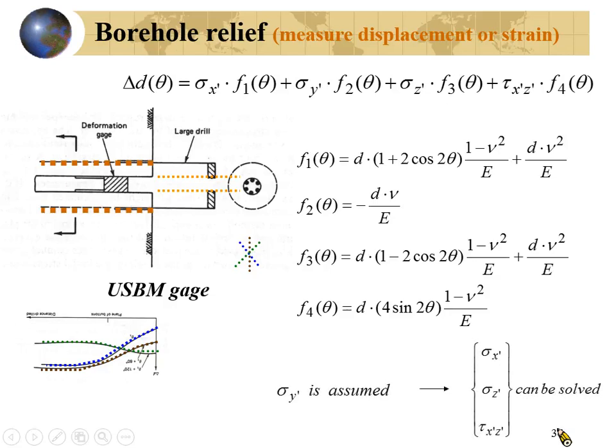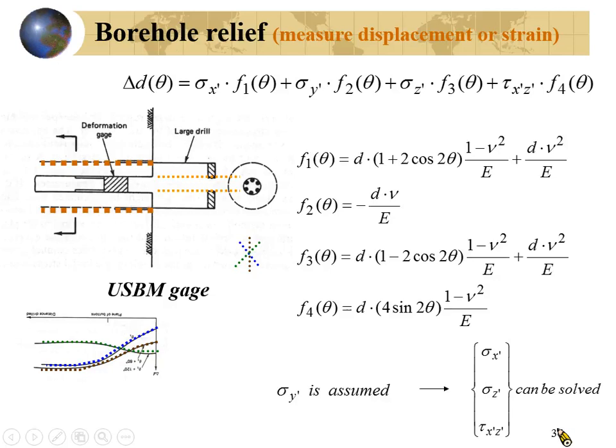So like I mentioned before, if this measurement is very near the tunnel wall, then you assume sigma y prime equals 0. If this is not really close to the tunnel wall, it will be a little bit away from the tunnel wall, then you assume a sigma y prime, so this will not be unknown, it will be a known variable.